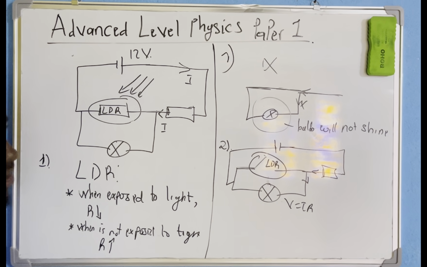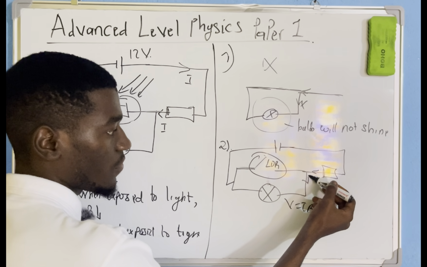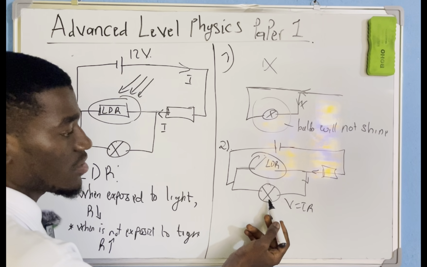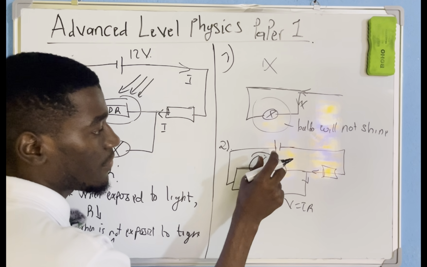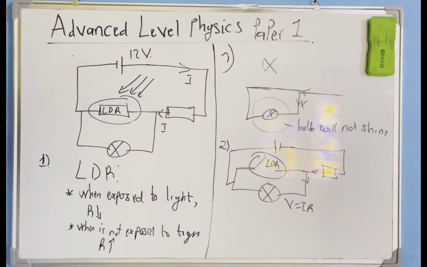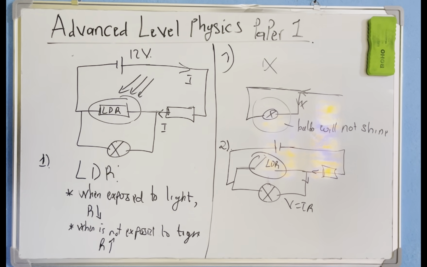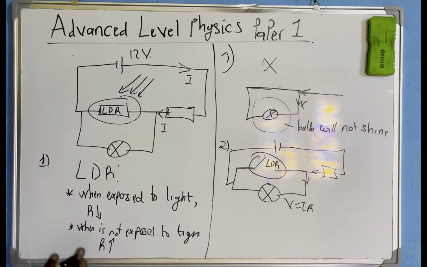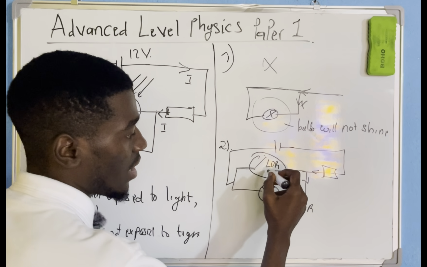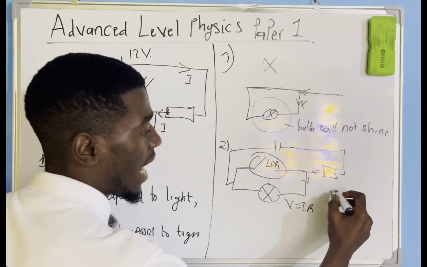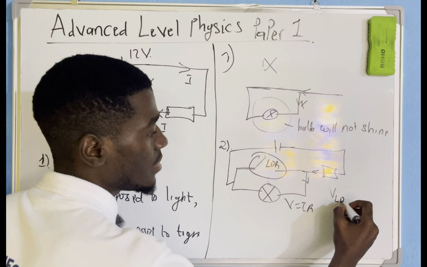Are we together? If a rich amount of current is flowing here with the high resistance of the bulb, therefore the voltage will be high. Therefore, the voltage of the LDR will also be high. So when the intensity of light is low, the PD across the LDR will be high.